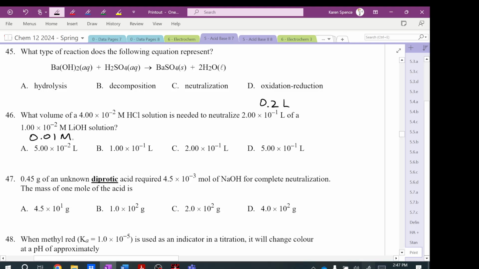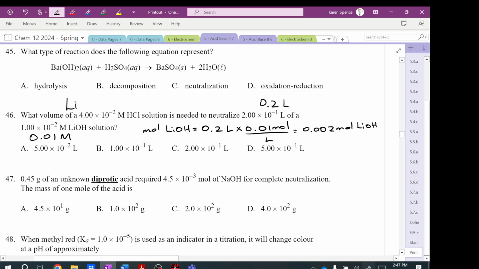Who can I find the moles of? The LiOH. So my moles of LiOH is equal to 0.2 liters times 0.01 moles per liter, which gives us 0.002 moles of LiOH.